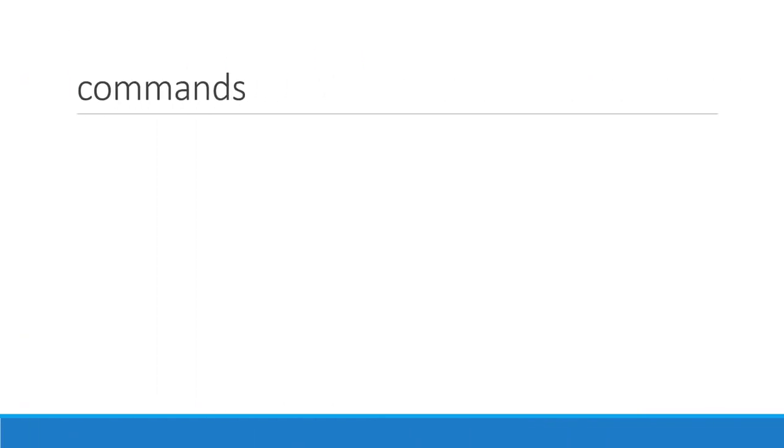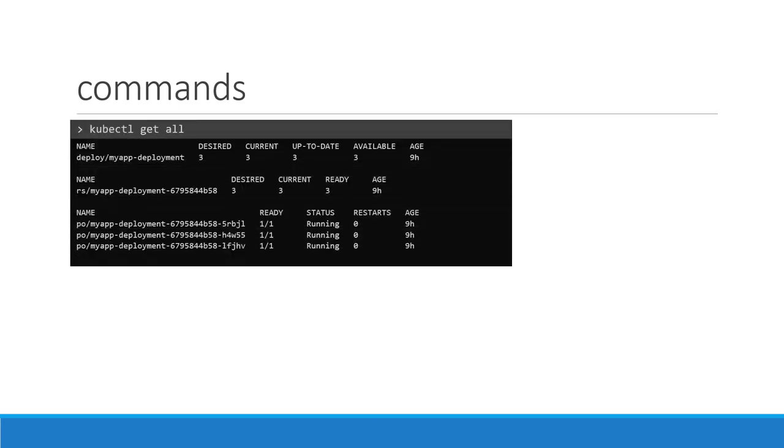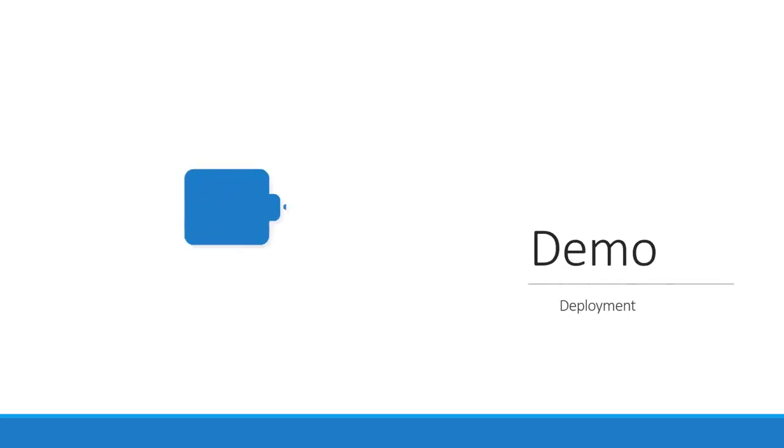And one more note before we end this lecture: to see all the created objects at once, run the kubectl get all command. And in this case, we can see that the deployment was created, and then we have the replica set followed by 3 pods that were created as part of the deployment. That's it for this lecture. We will now head over to a demo, and I will see you in the next lecture.